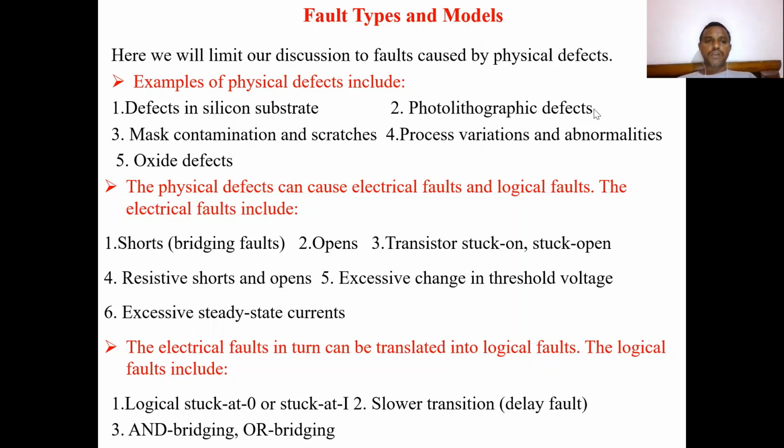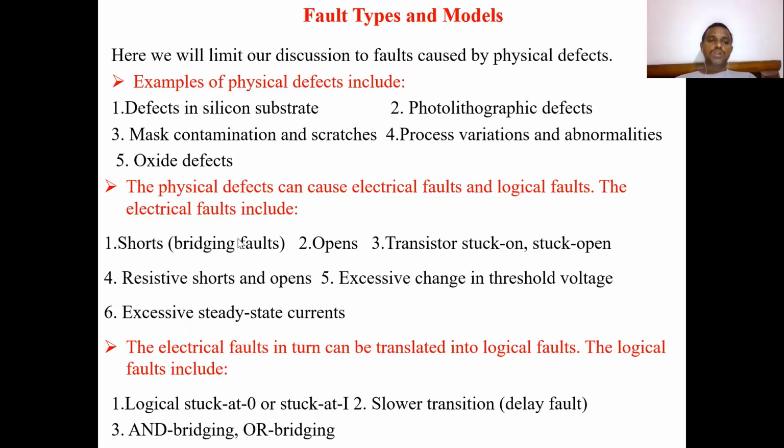If you observe here, we have different physical defects: defects in the silicon substrate, photolithographic defects, mask contamination, scratches, process variations and abnormalities, and oxide defects. Due to these physical defects, we are going to have some electrical faults, and those electrical faults cause the logical faults.